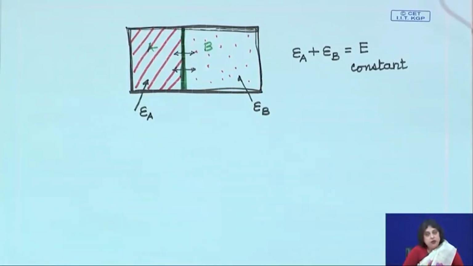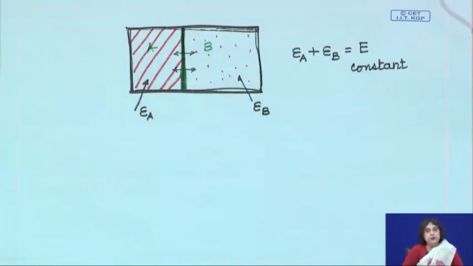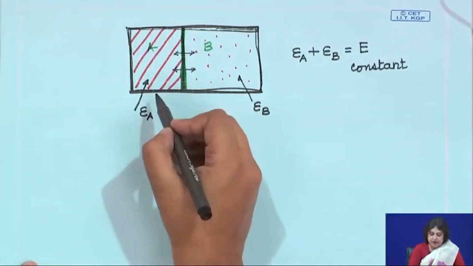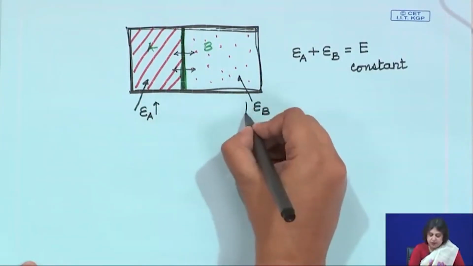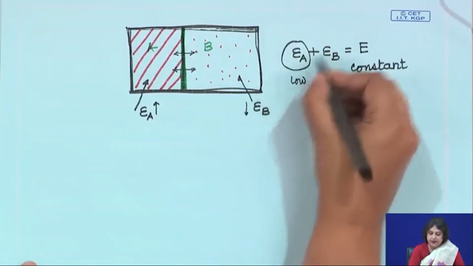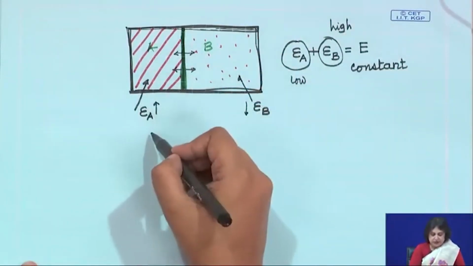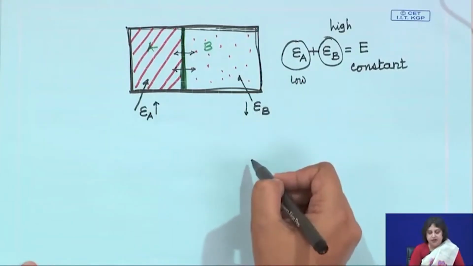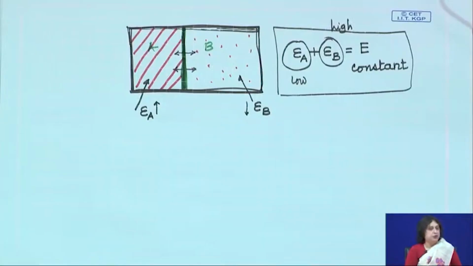But if you wait for a long time, because of this weak coupling and the possibility of very small exchange of energy, epsilon A will go on increasing and epsilon B will go on decreasing, if to start with epsilon A was low and epsilon B was high. With this exchange, epsilon A will increase and epsilon B will decrease, keeping the condition that epsilon A plus epsilon B is always a constant.